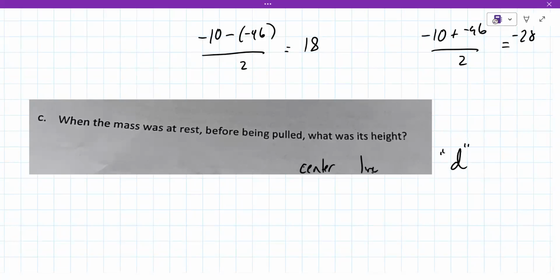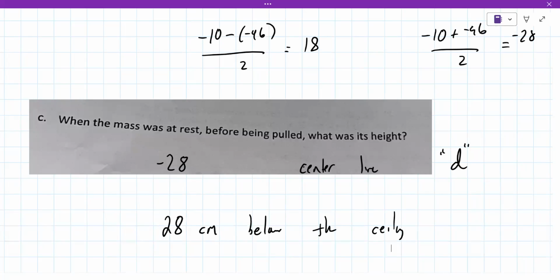So is that just negative 28? Yes. Or you might say 28 centimeters below the ceiling. Okay, I got that one.